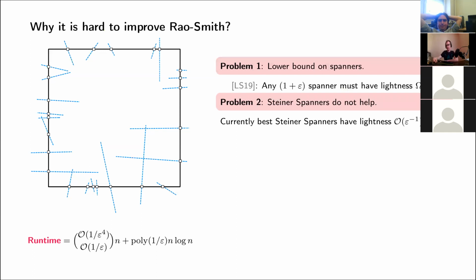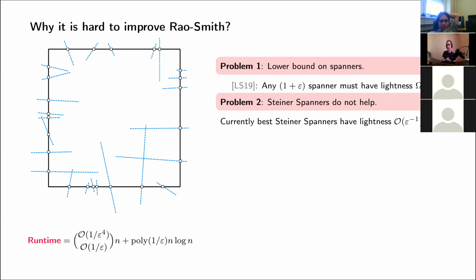It's pretty high. You can use something that is called a Steiner spanner. What is a Steiner spanner? A regular spanner is a subgraph of a graph, and in the Steiner spanner you are allowed to use extra Steiner points.